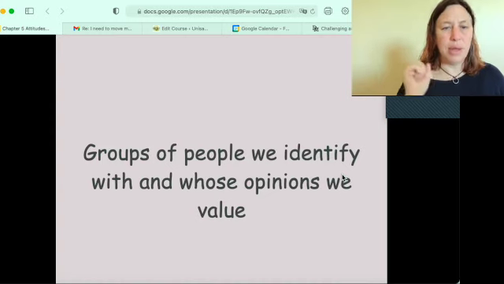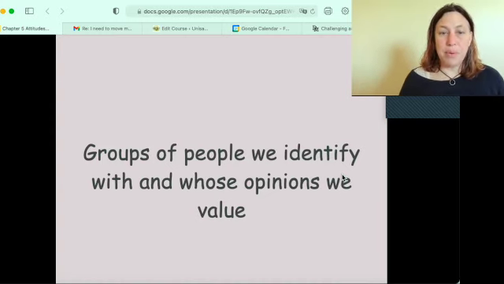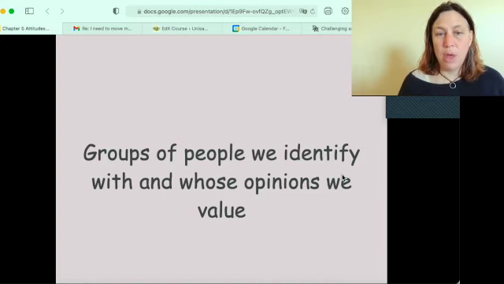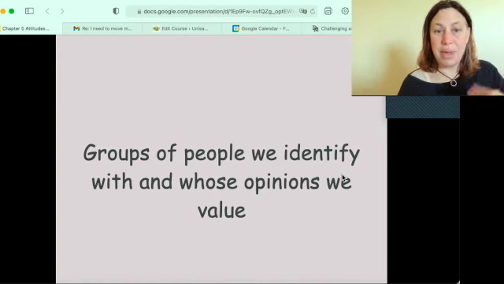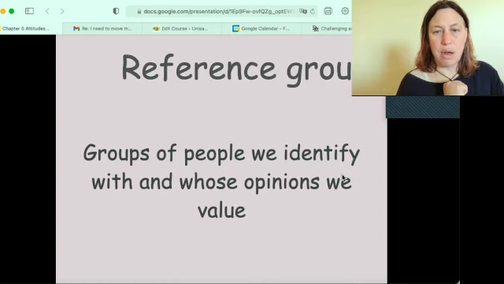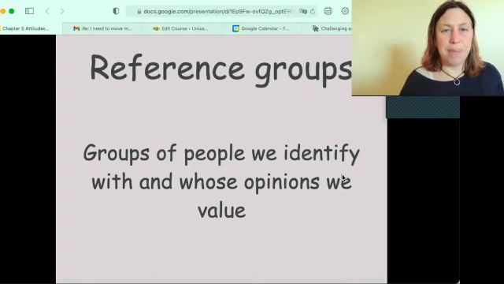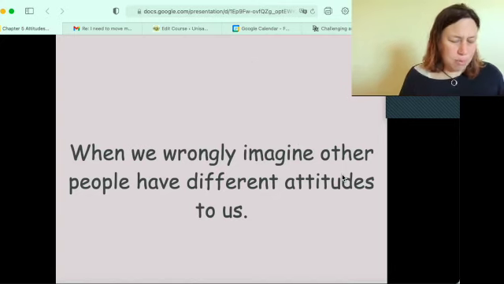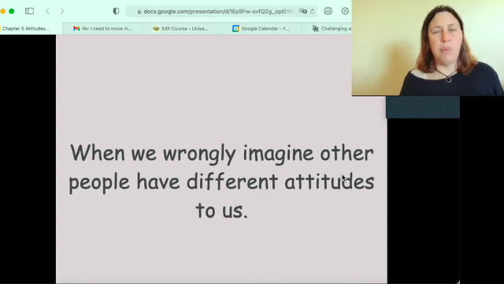Okay. Groups of people we identify with and whose opinions we value. You could think of them as the in-group because they're the people that we feel we're part of. But here we're referring to them as the reference groups. When we wrongly imagine other people have different attitudes to us, this is like a classic trope in all romantic comedies and quite a few other comedies.